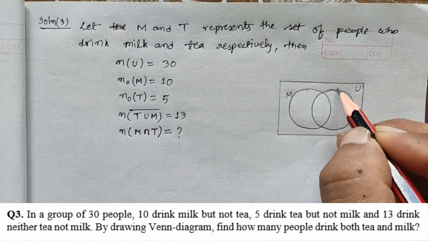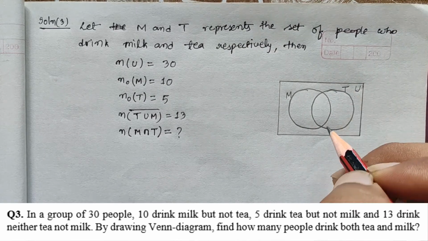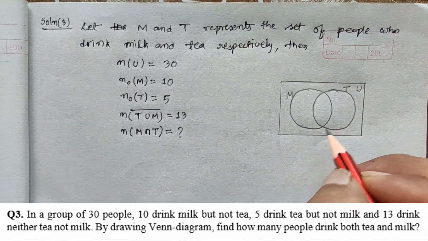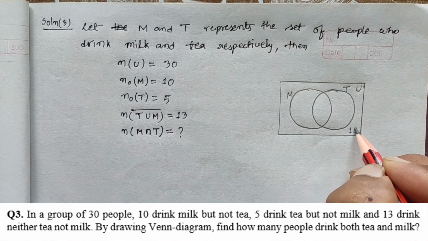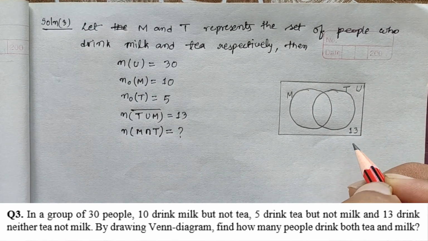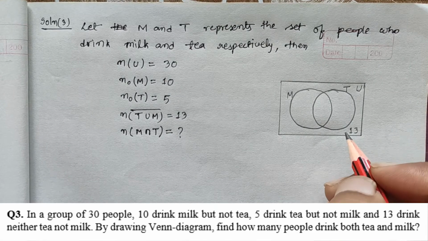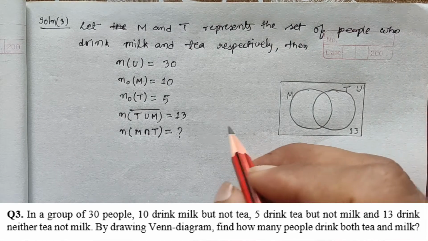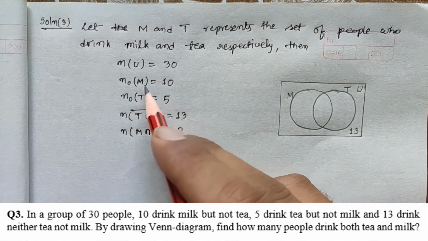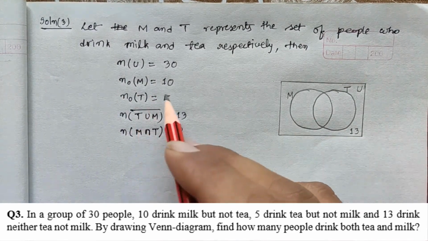the set for tea. And here outside, the complement is given, complement 13. I forgot to write the complement in question number 1, but don't forget it here. 13 is the complement. Sorry, first we have to write the intersection.